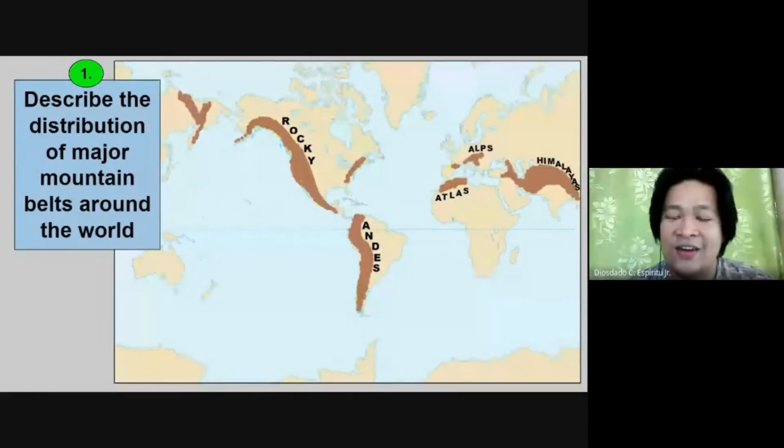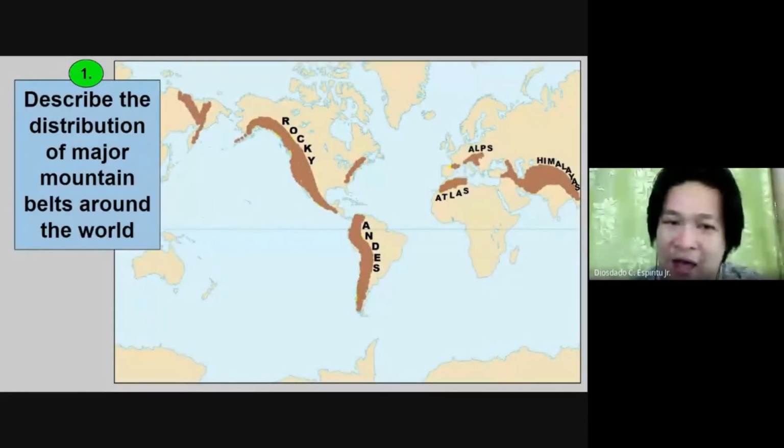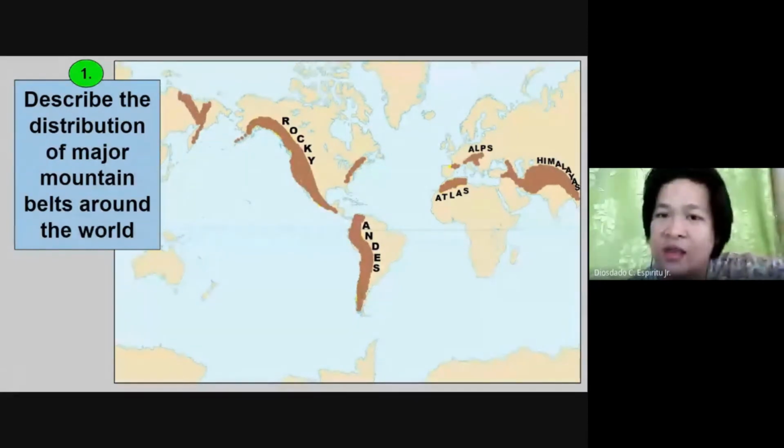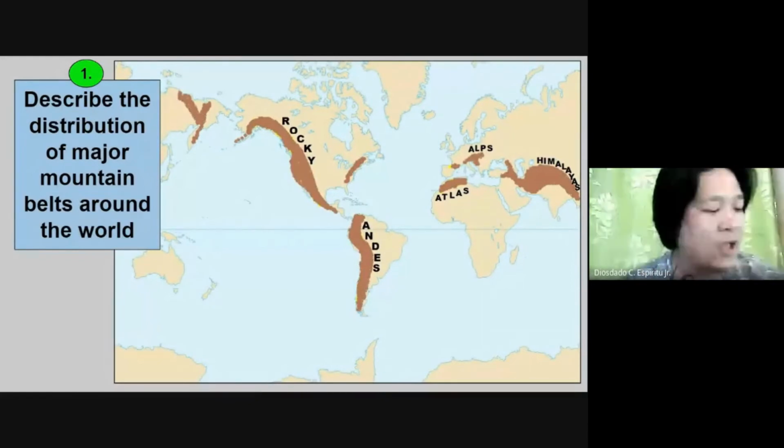Or since you are now in geology class, you will be more focused on, if this is Rocky and this is North America, it is basically found at the west, and it is basically at the tip of the continent, or maybe tip is not the right word, but maybe we can use the word edge. It is found at the edge of North America.